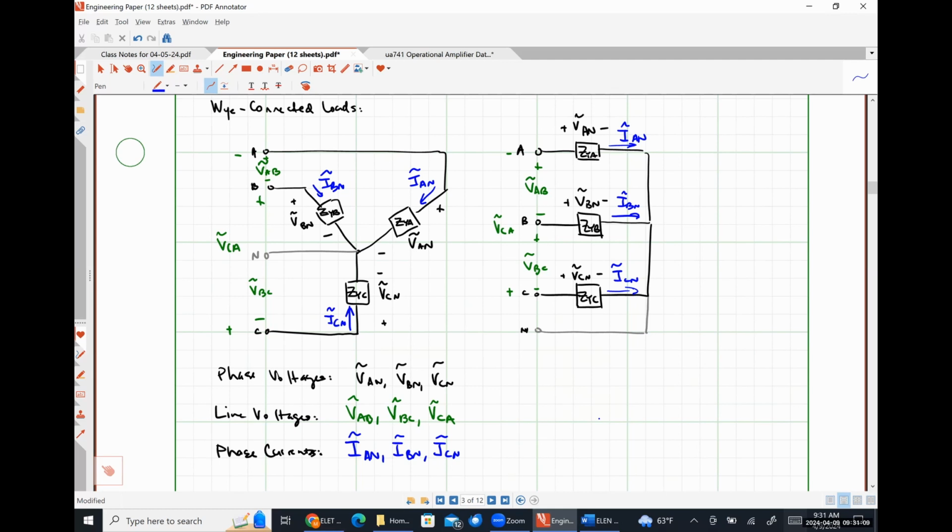Anybody have any questions about the Y-connected load? Go for it. So we're not putting the line currents in because the line currents are the currents that flow down our transmission line. Because I don't have a transmission line connected, which is why I'm not representing a line current here.